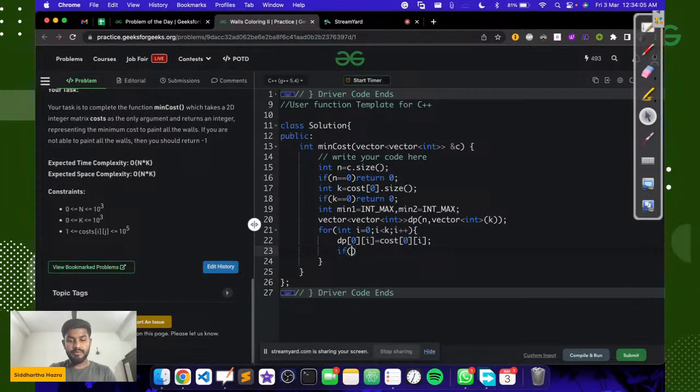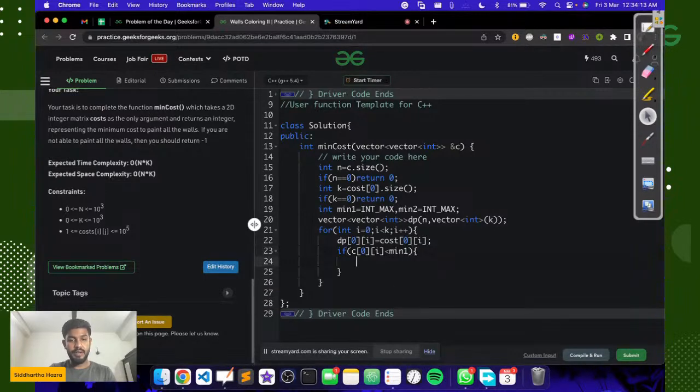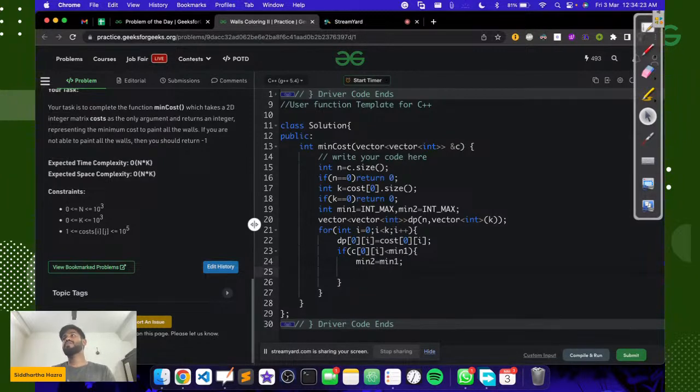Now I would say that if C of 0 of i is less than min 1, then I would transfer that value to min 2. Min 2 is equal to min 1. Like suppose I found a better value than min 1.